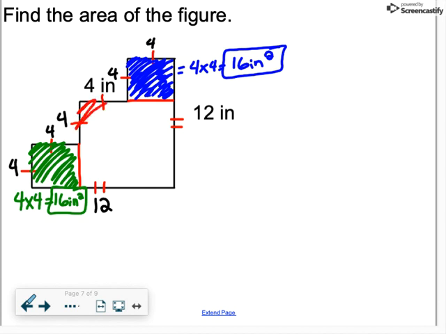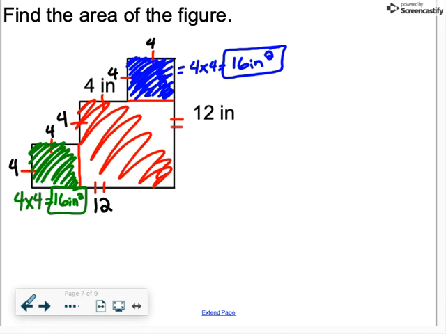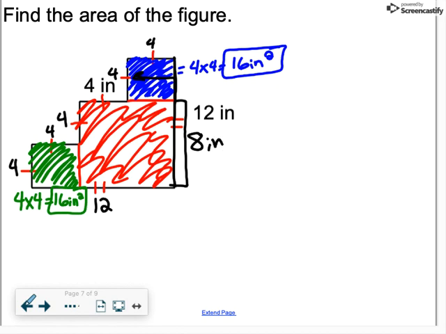So now to look at our middle one right here. If we look here, what we have to notice is that 12 inches is this whole entire line. And so if we already know that across from here is 4 inches, that means this section is 4 inches as well, which leaves this section right here to be only 8 inches long.